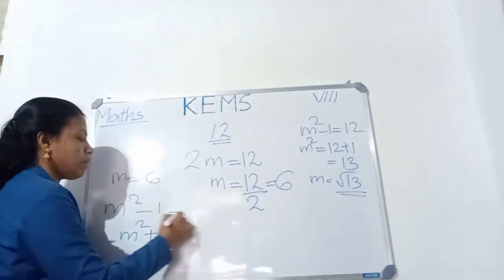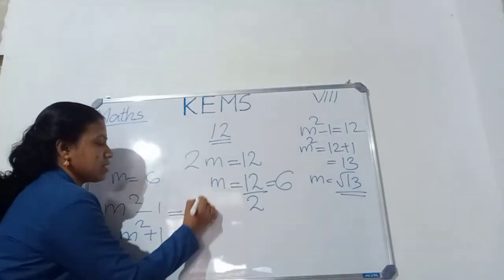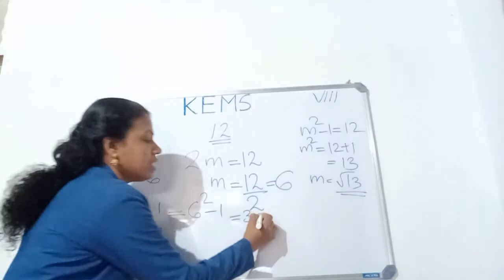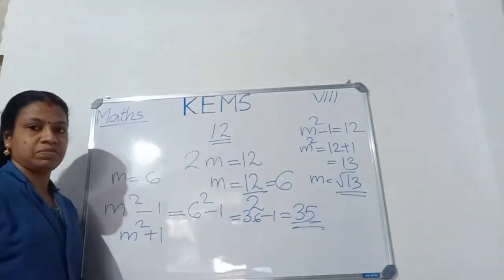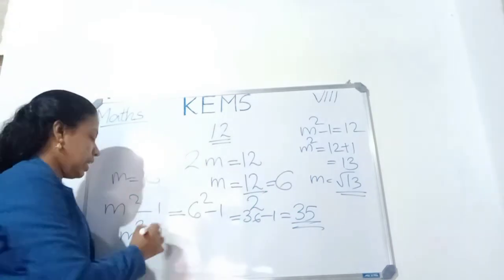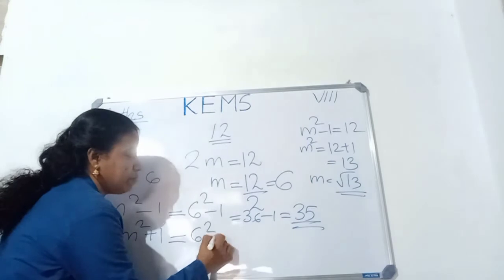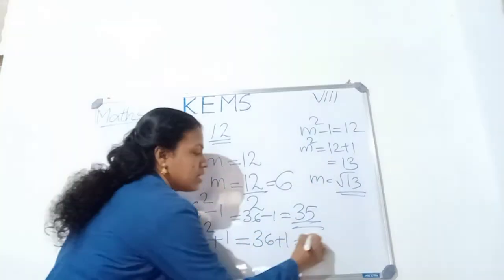So, what is m square minus 1? m equal to 6, 6 square minus 1. 6 square is 36 minus 1 equal to 35. Second member. Then the third member, m square plus 1, that is 6 square plus 1, equal to 36 plus 1, which is 37.